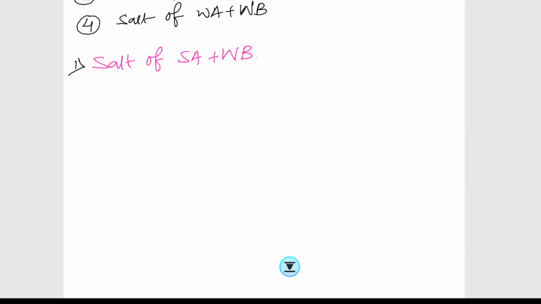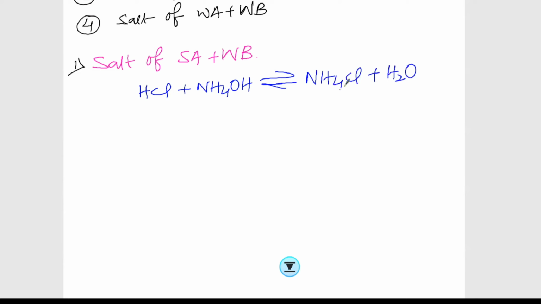Strong acid is HCl. For the weak base, let us take ammonium hydroxide, NH4OH. They combine and form NH4Cl plus water. Now you can see NH4 plus and Cl minus. HCl is a strong acid here and ammonium hydroxide is a weak base.